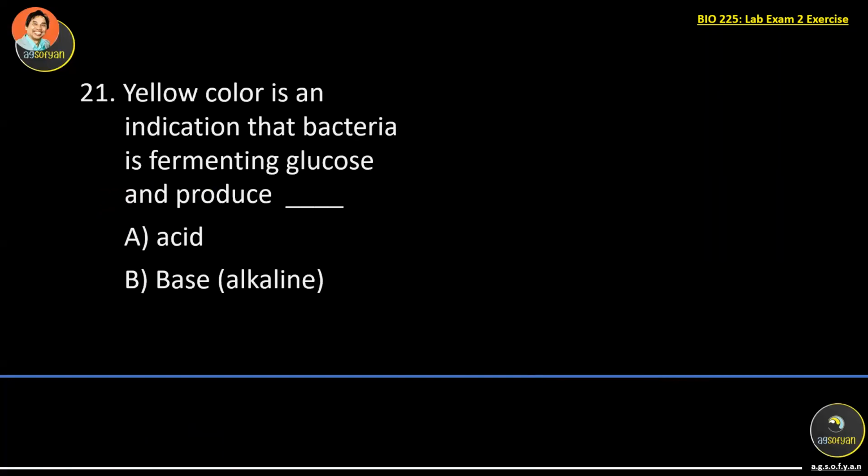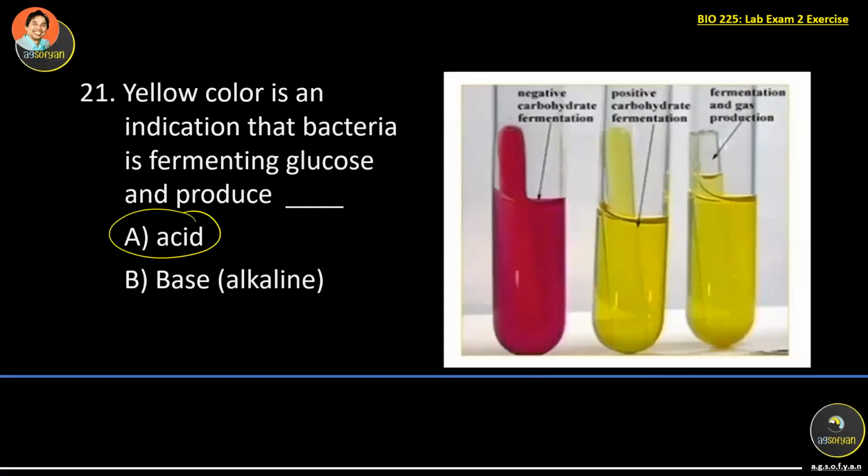Yellow means acid is produced from that reaction.